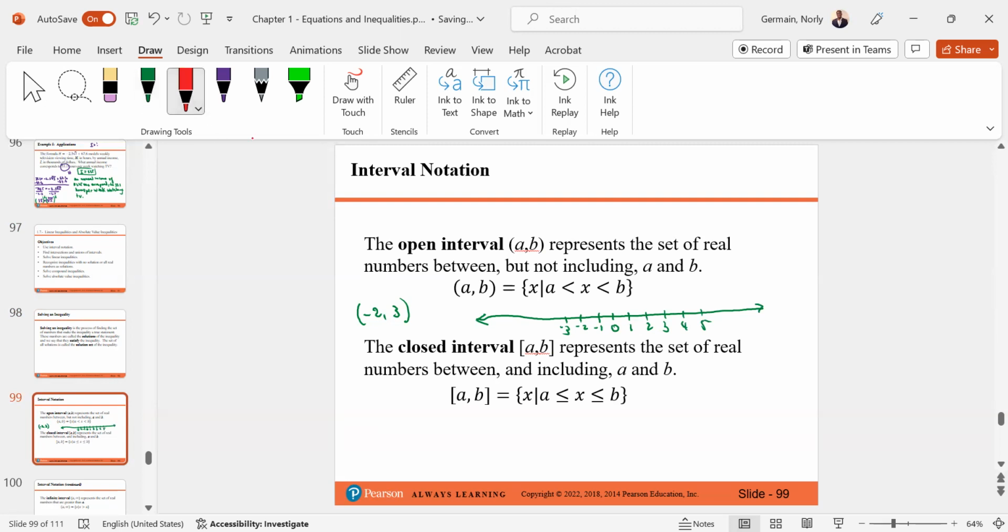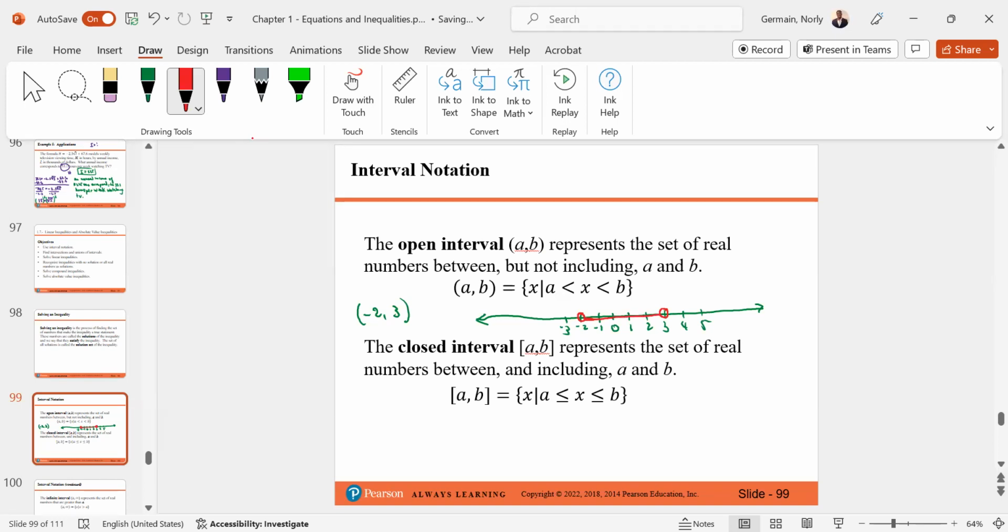Now, how to represent the open interval (-2, 3)? Two ways. I either put an open circle on -2 and an open circle on 3, and we connect them. So that means it's open, right?